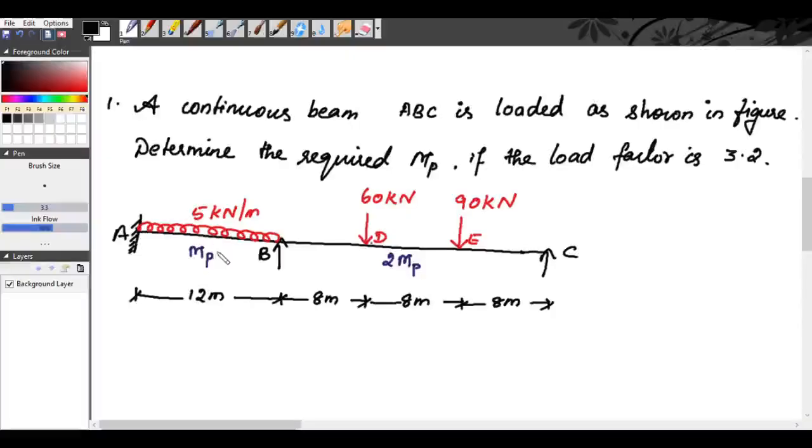Also, the plastic moment for the span AB is taken as MP, and the plastic moment for the span BC is taken as 2MP. Okay, now we are asked to determine the required MP. Determine the required MP if the load factor is 3.2.